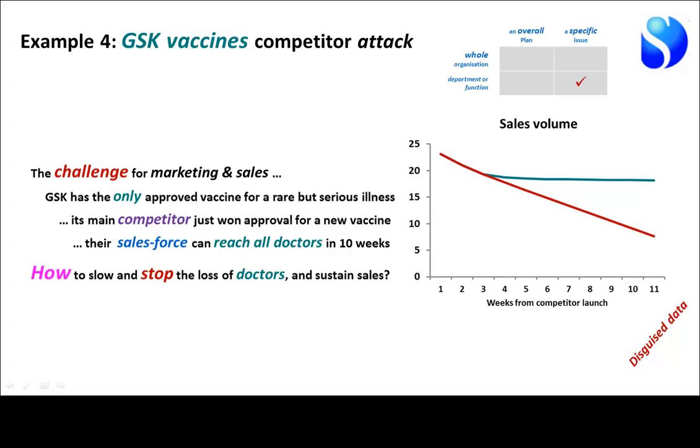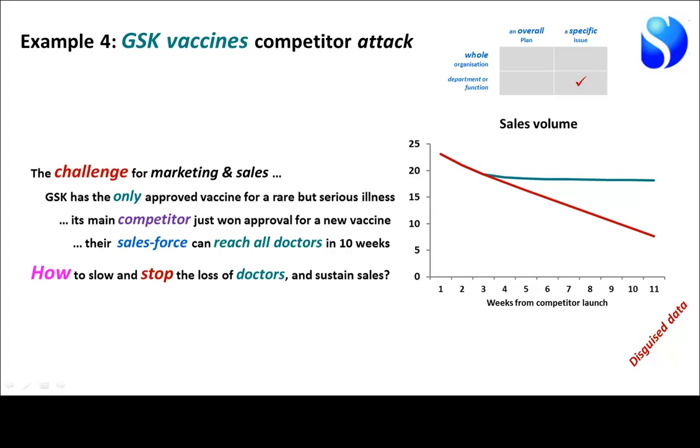And just to fill in the story, what we did was put together a very simple model in the few weeks just before the start of this event. The company knew that its competitor was going to launch this product, and the model basically told them where to focus their effort and what kinds of messages to put out in their marketing and sales, and how to defeat the competitor.